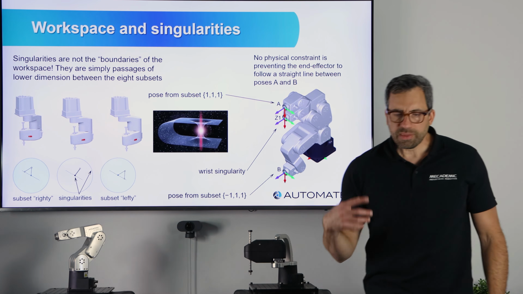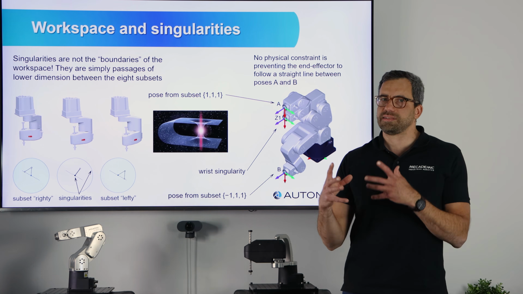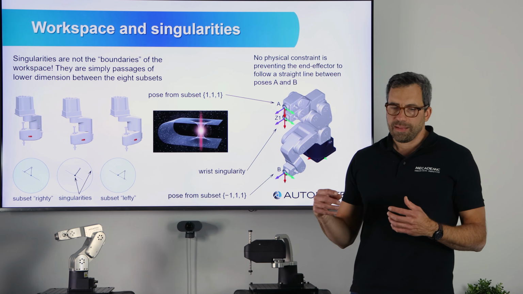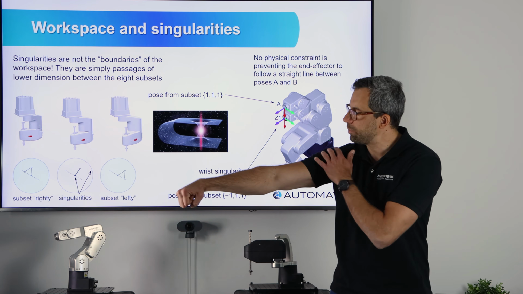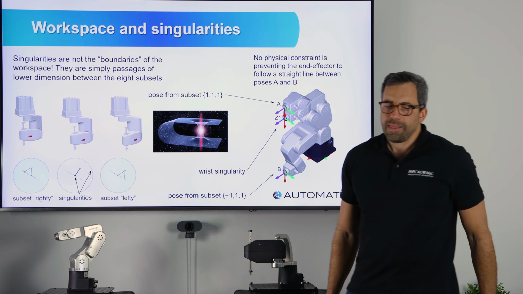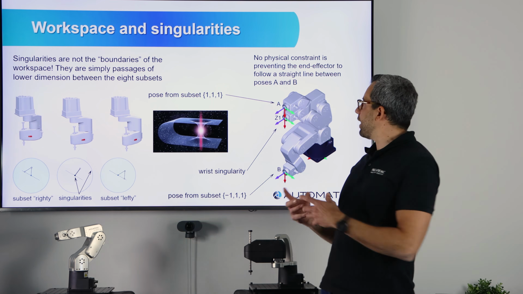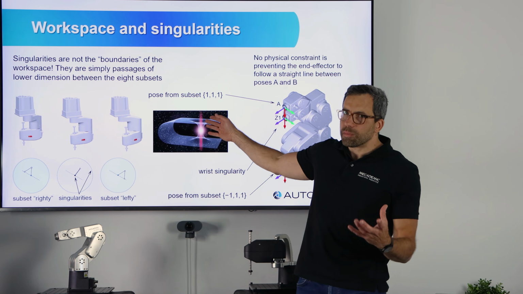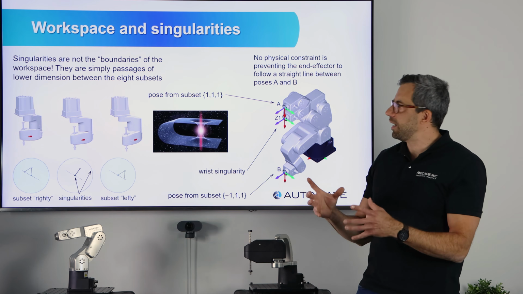But oftentimes we say singularities are the boundary of the workspace. That's wrong. It's the boundary of the workspace maybe for the elbow singularity, because you really cannot go further. But in the other case, it's not really the boundary. It's basically kind of a wormhole, like a passage from one subset to the other.